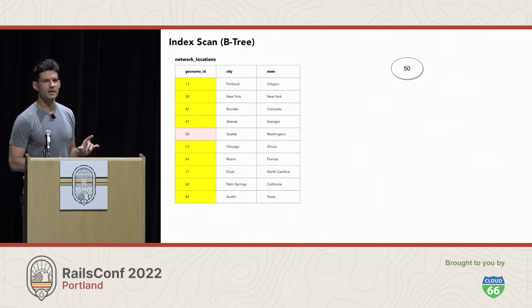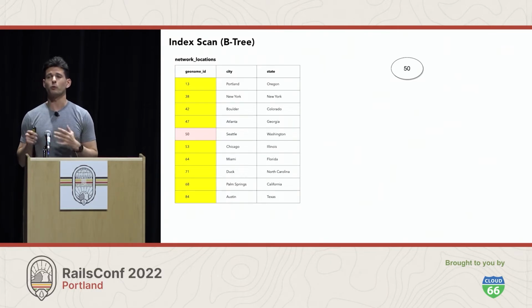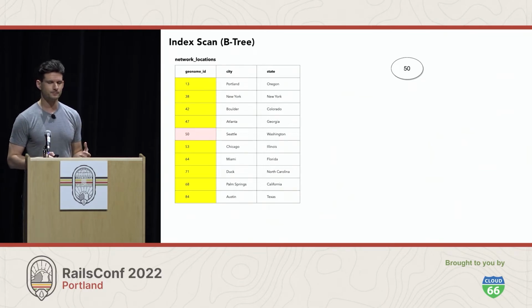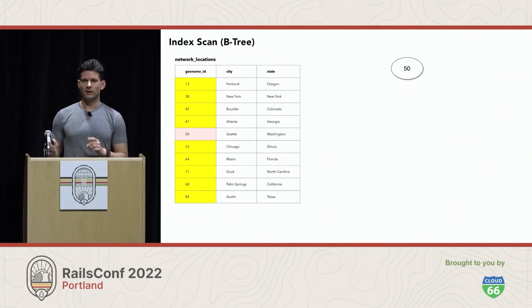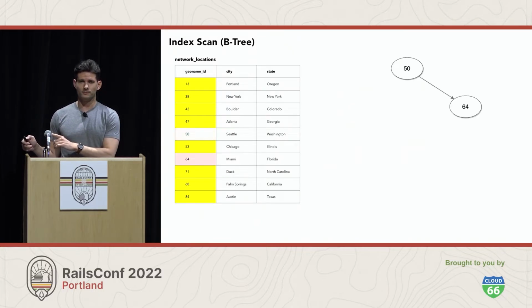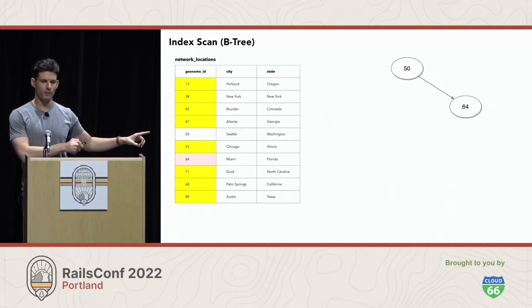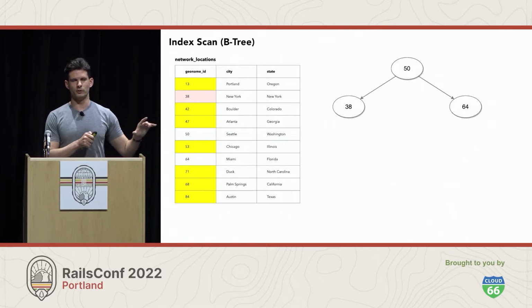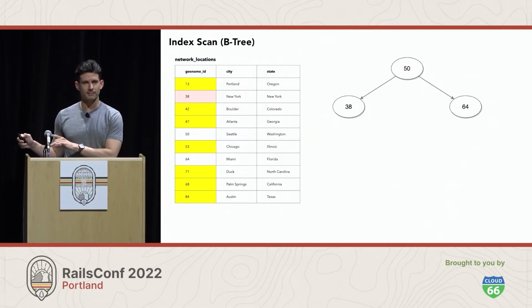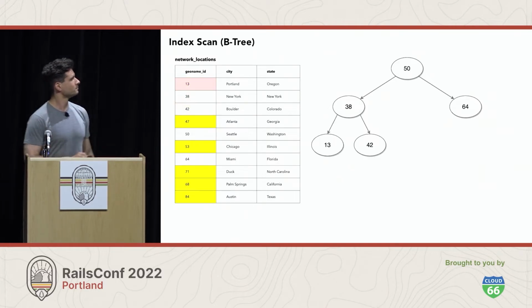And these rules are going to be incredibly helpful if we want to read back our data. They are: a higher value will be placed to the right of the current node, and a lower value will be placed to the left of the current node. Following these rules, Postgres will step through our data set to build out our tree.